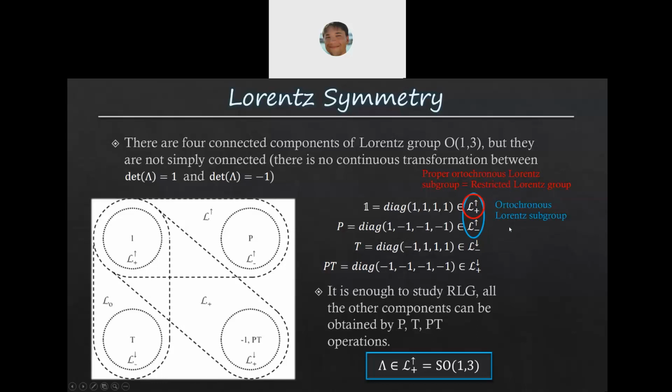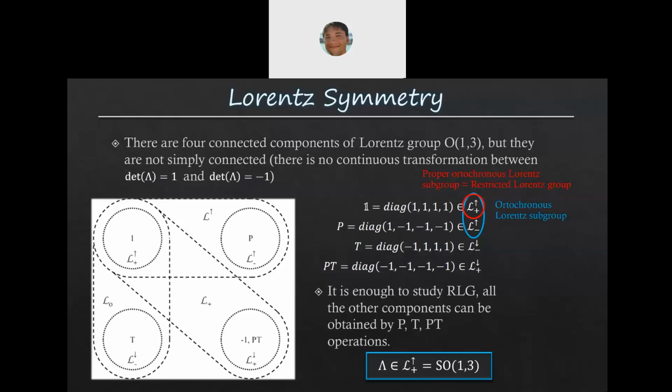It is enough, therefore, to study this RLG component, because all the other Lorentz transformations in all the other sets can be simply obtained by the action of these P, T, and PT matrices on the various Lorentz transformations in the RLG group. Therefore, it turns out that it is in quantum mechanics where we need some representations of these Lorentz transformations.